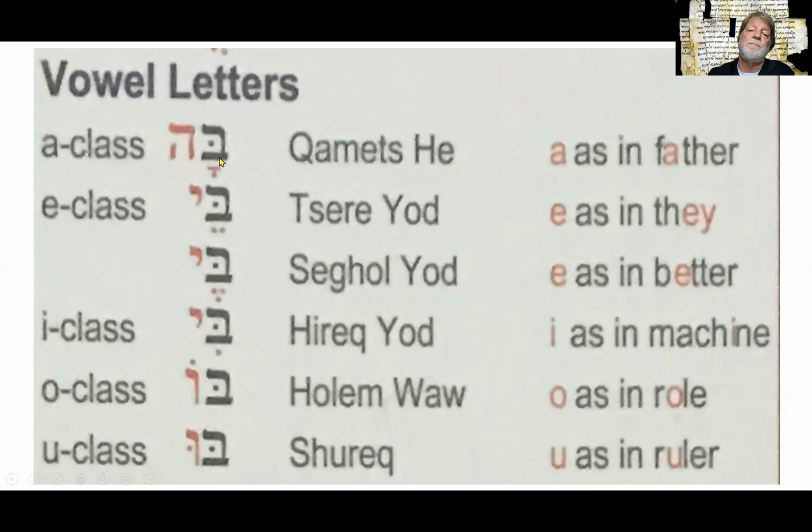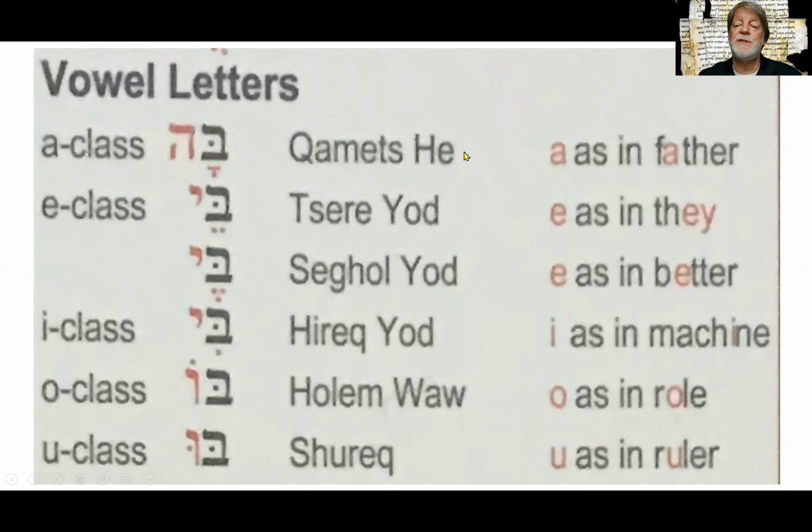So here we have the model consonant bet. We have a kametz underneath it, but we have a hey. So the hey is connected, in this case, to the kametz. The hey would not be in the root word of this word, but it's inserted into the word so that it's not a kametz by itself, but it's a kametz hey.